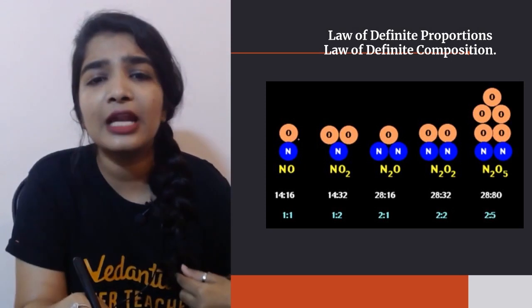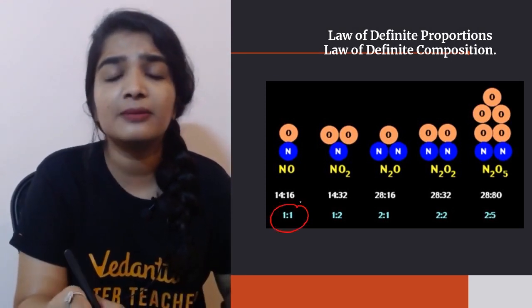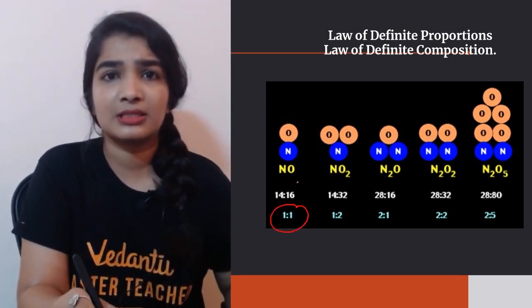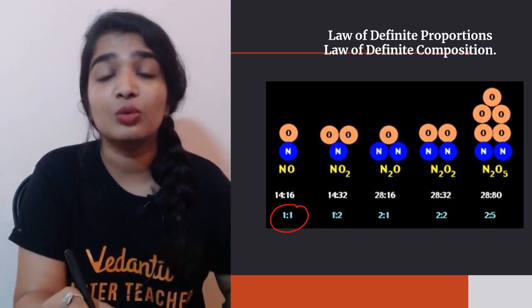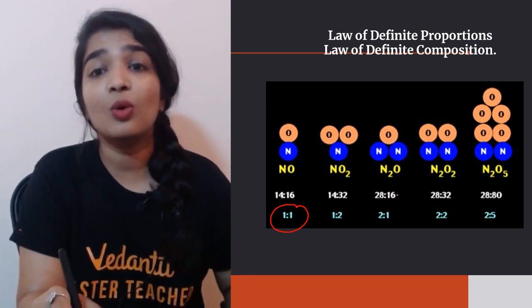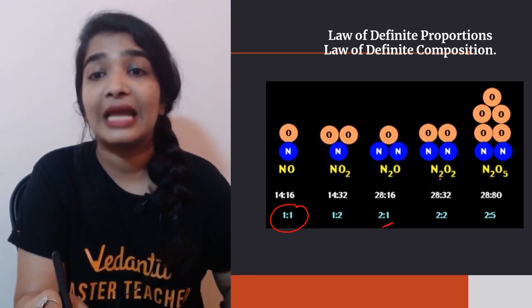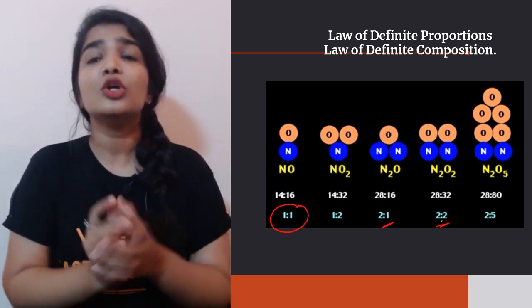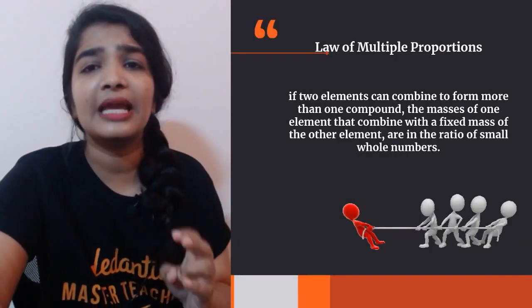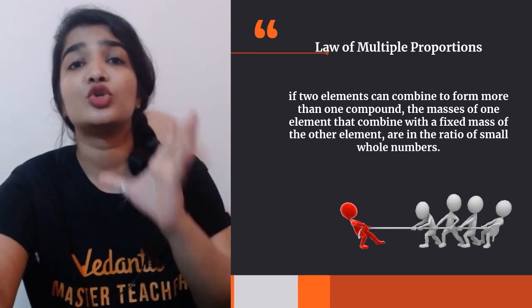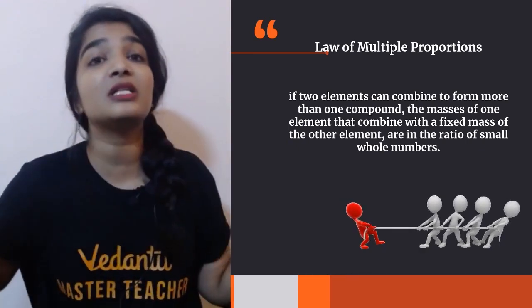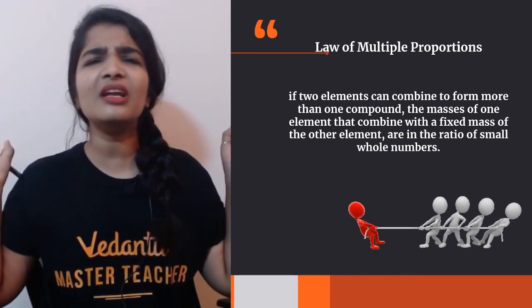You can take here NO, it is 1:1 by mass, and NO2 is 1:2, N2O is 2:1, N2O2 is 2:2. So they always combine in a fixed proportion by mass, irrespective of the source. You can take any compound.